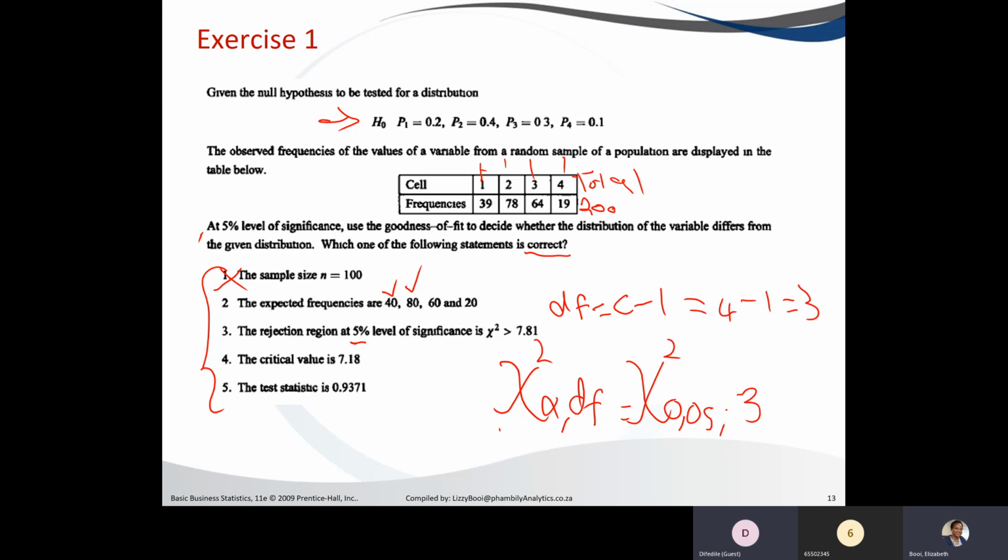No, we're not looking for 4, but we're looking for 3, because the degrees of freedom is 3. So you go to 3 where they both meet, like we did with the first exercise. What is the critical value you see there?